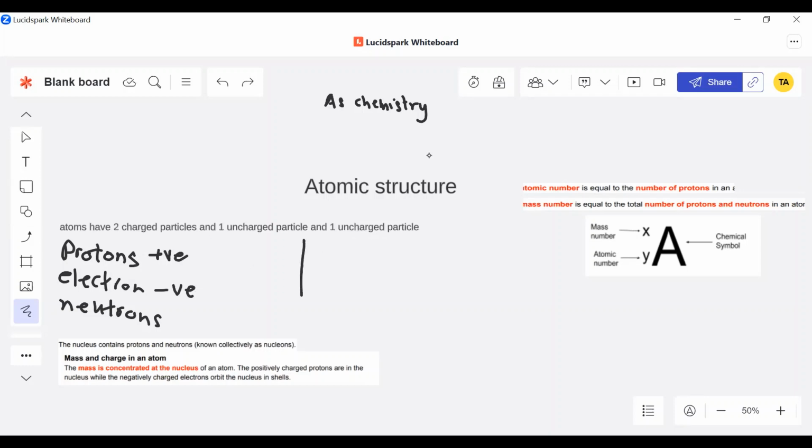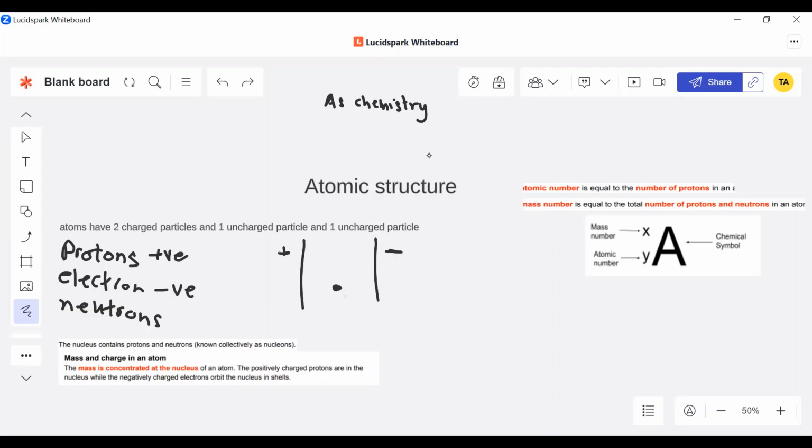Now, if I have two charged plates, one positively charged and another negatively charged, and I pass a proton here. Let's say this is a proton. So will it deflect like this, or will it go like this?